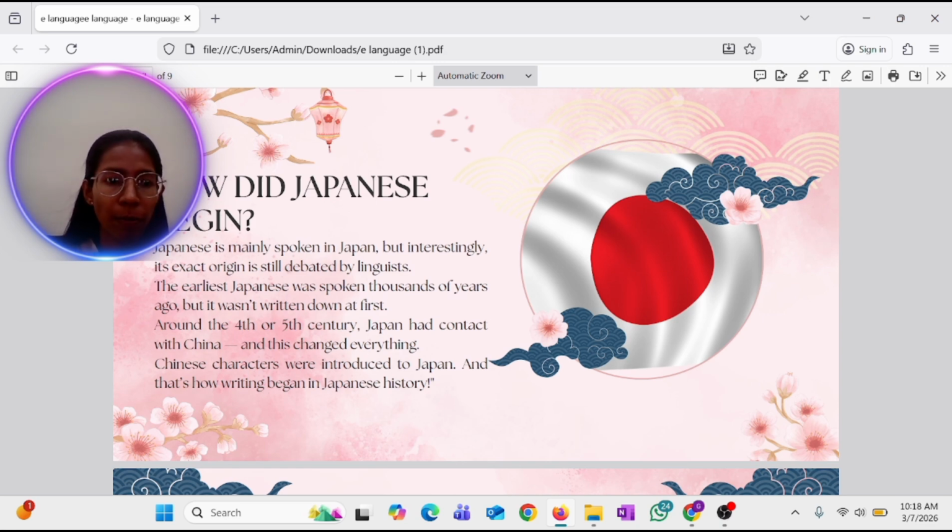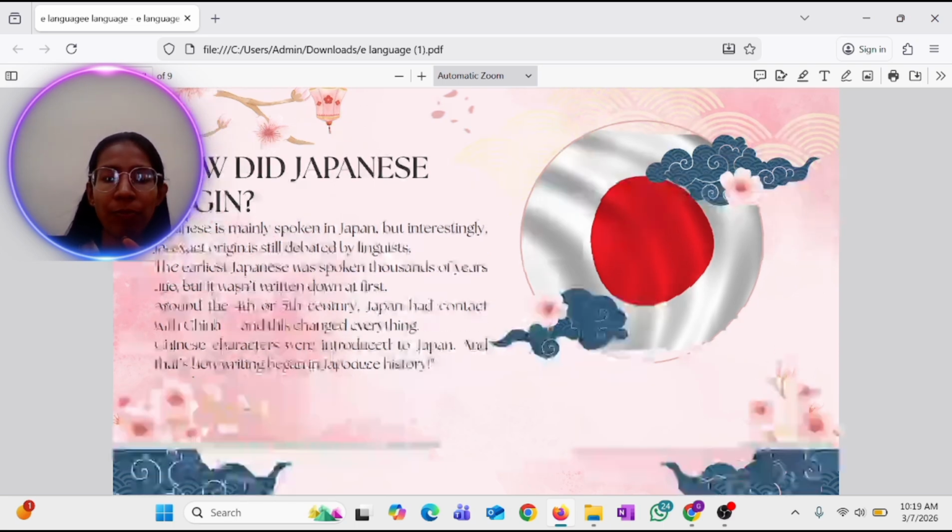Earliest Japanese was spoken thousands of years ago, but it was not written down at first. Around the 4th and 5th century, Japan had contact with China, and the whole thing changed. The Chinese characters, known as kanji these days, were introduced in Japan, and that's how the writing system began in Japanese culture.